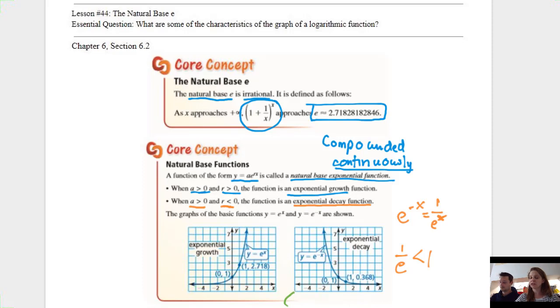They're very similar to the exponential growth and decay we looked at, where the y-intercept of this parent function is 0, 1. Exponential growth looks the same, and exponential decay looks the same as it did in previous lessons. These parent functions also have horizontal asymptotes at the x-axis, or y equals 0.